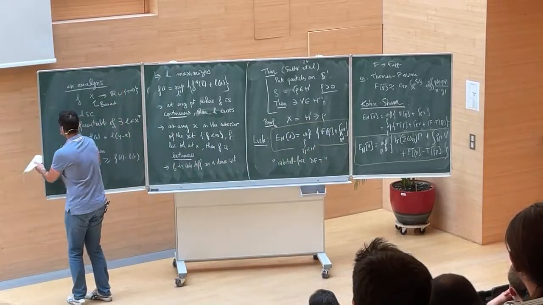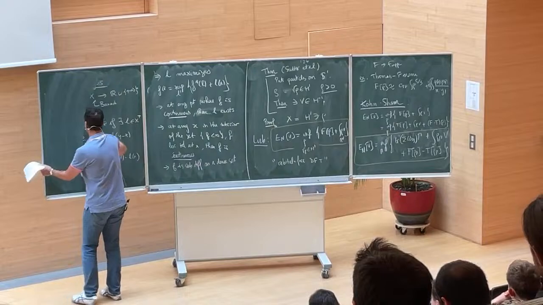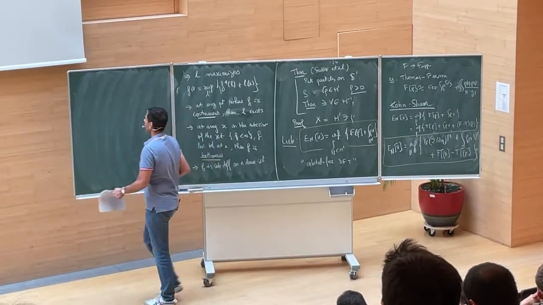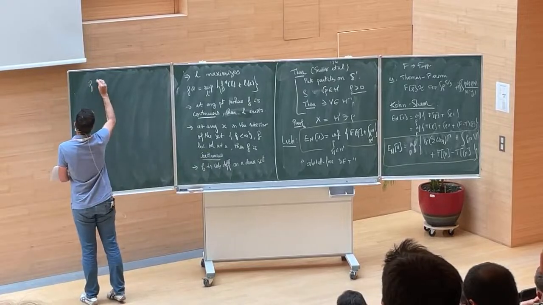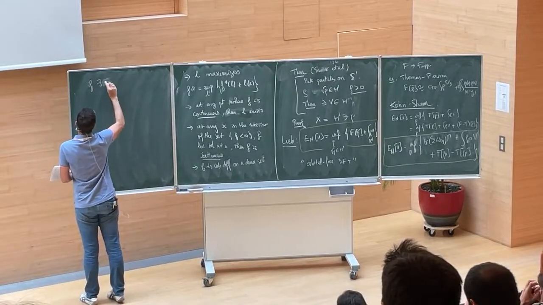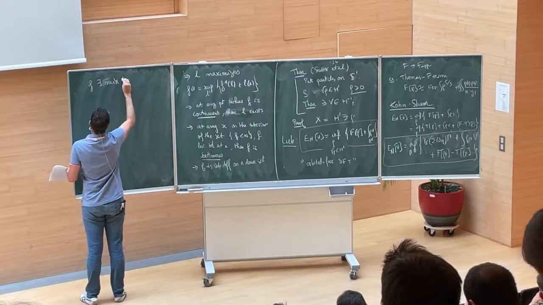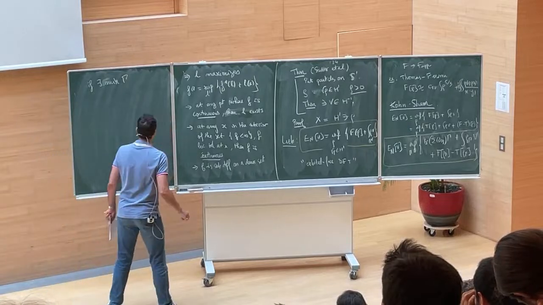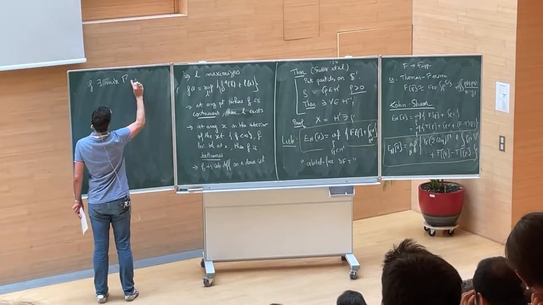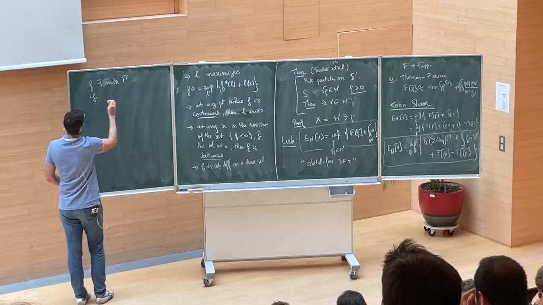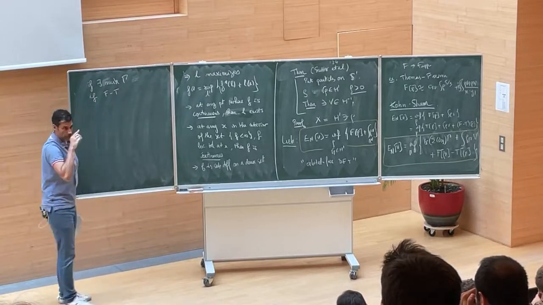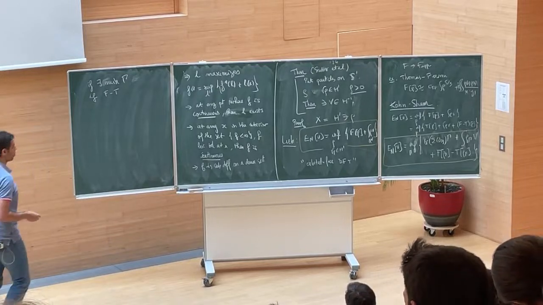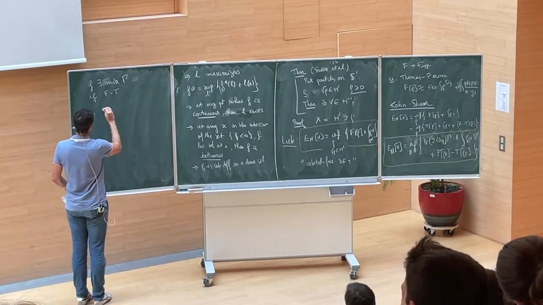maybe I continue here because I have to stop in 2 minutes. So if there exists a minimizer gamma for this problem, and if F minus T is differentiable, we don't know F minus T, but imagine we know and it's differentiable, then we will find some equation.